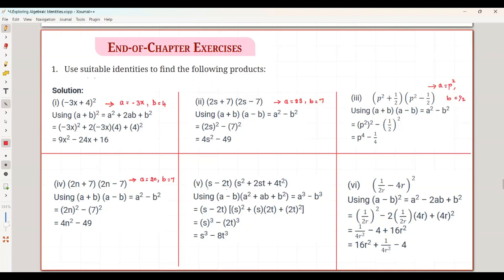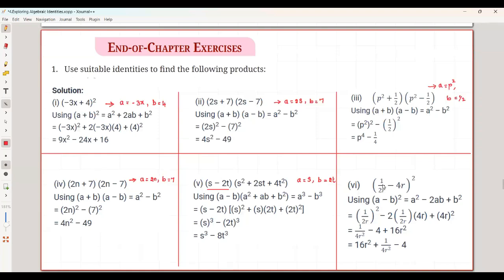From this you can easily take this a value, this b value, and take the cube, right? Here a is equal to s and in the b place we have 2t. The formula is a cube, s cube, and b cube, (2t) the whole cube. s cube is s cube, minus 2 cube is 8, t cube is t cube.